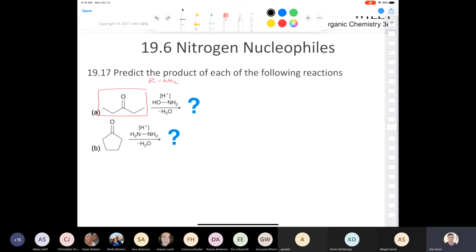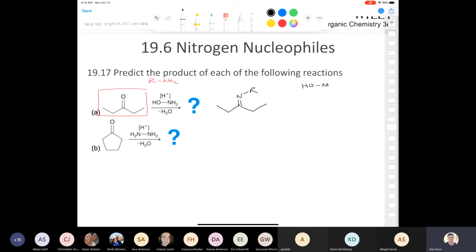Well, I think you probably got it by now, that you would end up with something that looks like this, where you have the double bond, and you have your nitrogen, and you have an R group. If you use this interesting looking molecule here, I'll write it down over here.